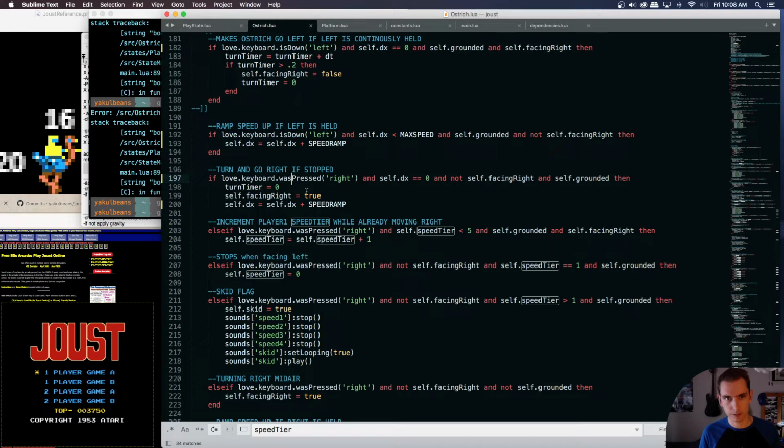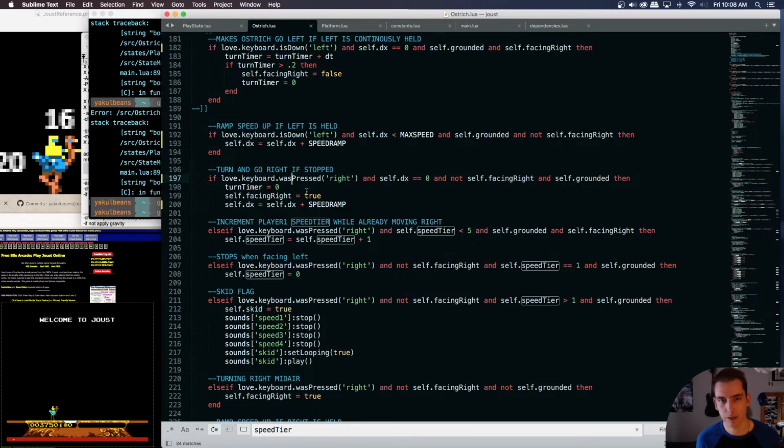I think this. So the difference between is down and was pressed is was pressed just checks it once. It's like if right was pressed on the last frame. But I think if we do is down, it shouldn't change it because was pressed is okay because this is checking if self-dx is 0.